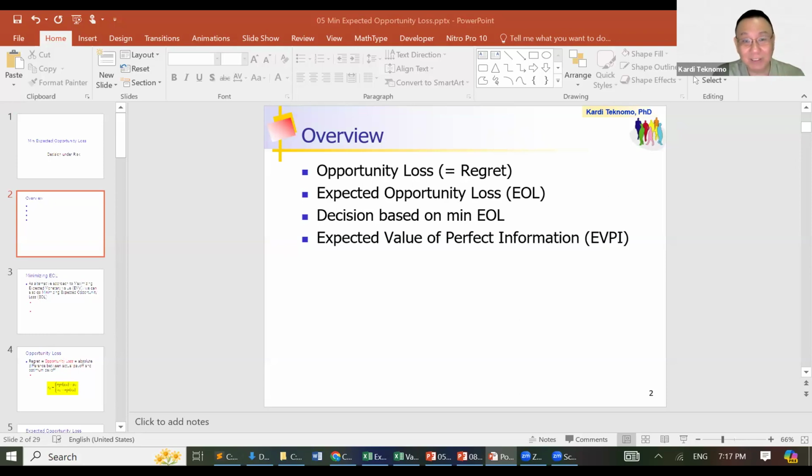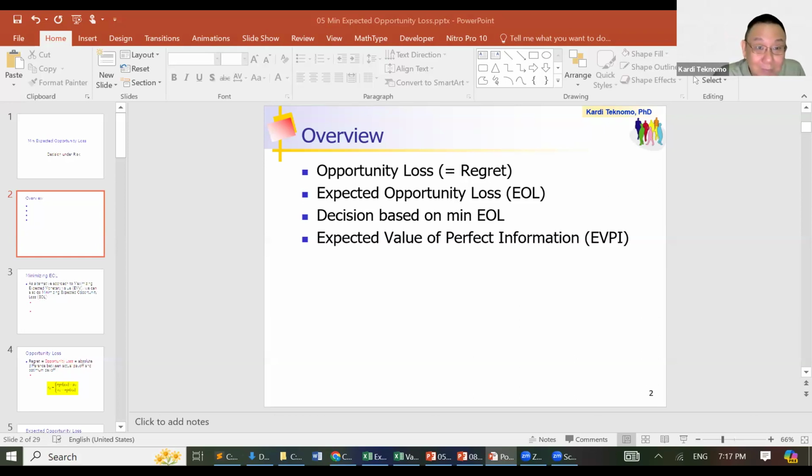Opportunity loss is basically regret, right? So we want to get the expected opportunity loss, so we call it EOL. Because we have the probability, now we want to get the minimum EOL. And then from here, again, we get the EVPI.